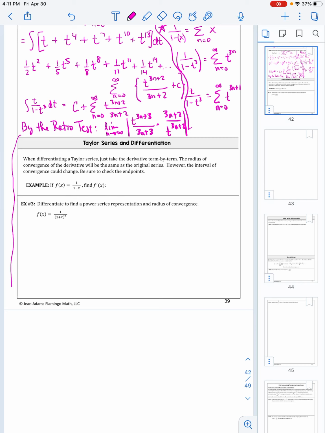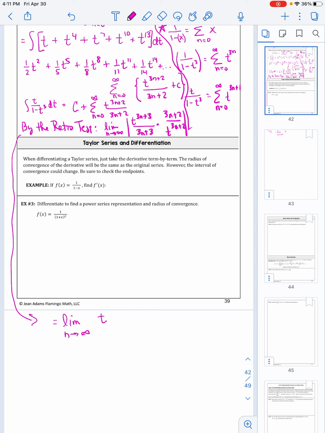I'm going to go ahead and add a page here. And so we'll go down here. I don't have a lot to do, but that is going to equal the limit as n goes to infinity.